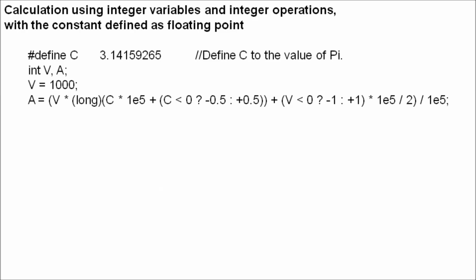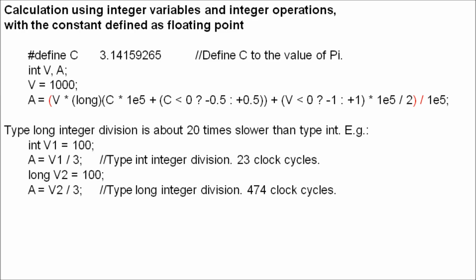So we now have a way of performing the calculation using integer arithmetic, and by ensuring that the intermediate results of the calculation are of type long integers, we have avoided variable overflow occurring. The use of type long integers introduces us to yet another problem.